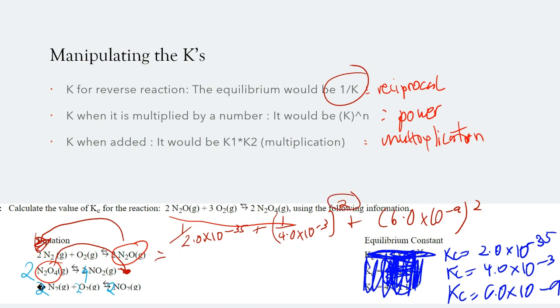And the reason why we squared it, which is the power, is because we want the N2O4 to be 2. And the only way we can make it 2 is to multiply everything by 2, which in this case, if you want to multiply something, you want to turn into a power. And lastly, right here on the last one, we want to turn it into 2.